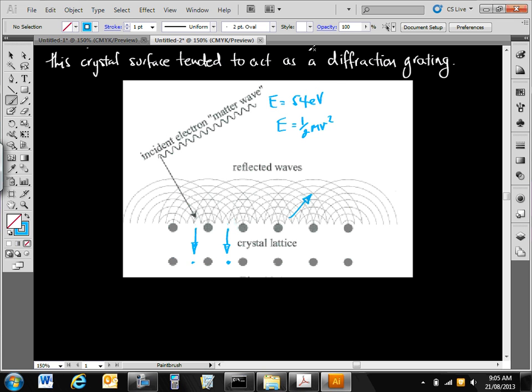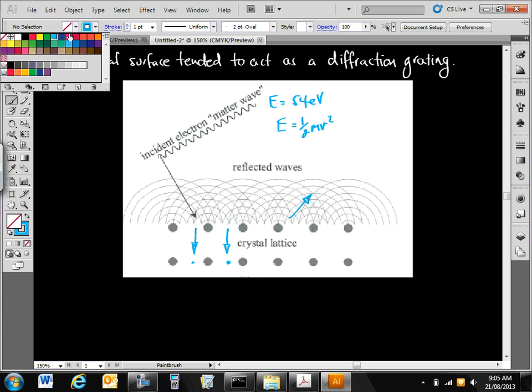If you have a stationary electron and you accelerate it through a potential difference of 54 volts, you will essentially have 54 electron volt electrons or thereabouts. What they noticed was at 50 degrees to the normal.